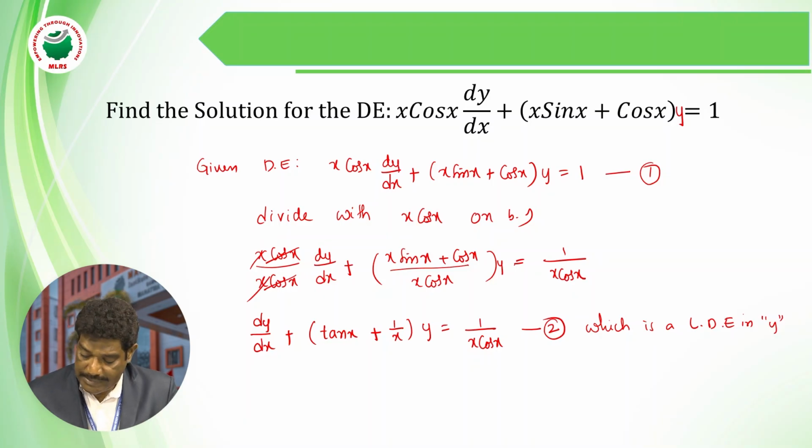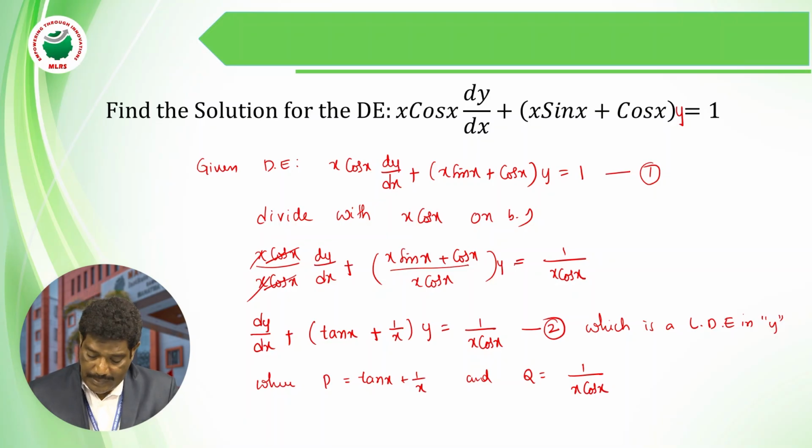Now comparing with the standard form, the two functions are p equals tan x plus 1 by x, and q equals 1 by x into cos x.